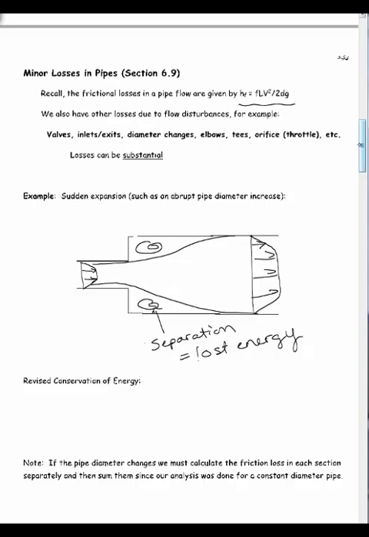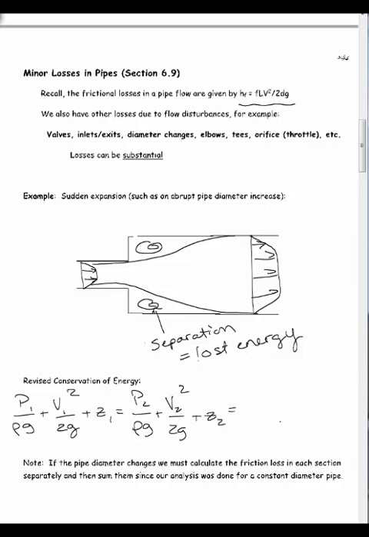So how do we take this into account? Well, we're going to use something called HM, which is kind of like our frictional head losses. When we do our energy equation, it's P1 over rho g plus V1 squared over 2g plus Z1 equals P2 over rho g plus V2 squared over 2g plus Z2 plus our HFs.